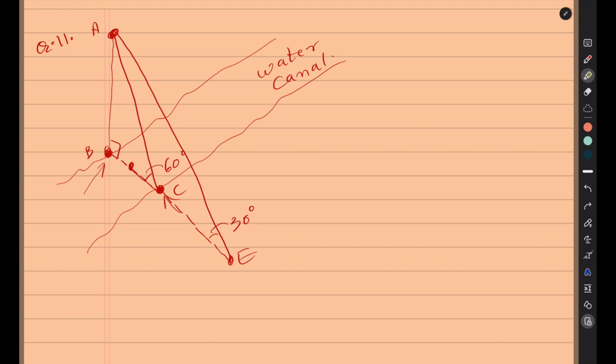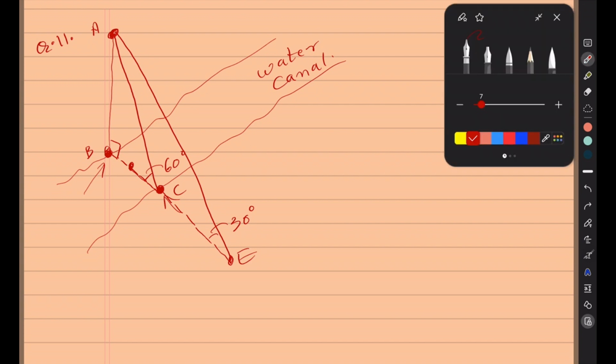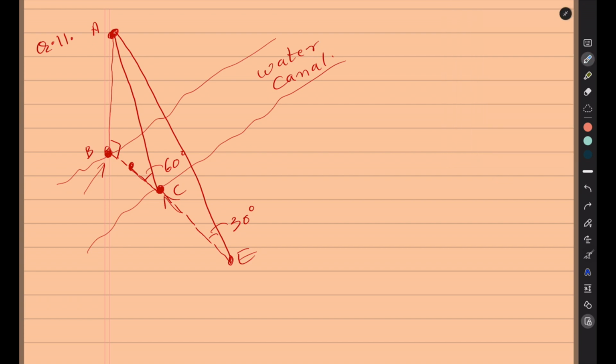Height of the tower will be AB, let it be H. And this is the width of the canal, BC. Let T be the width of the canal.